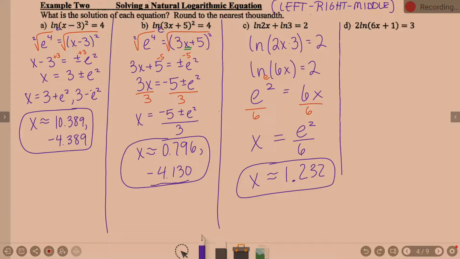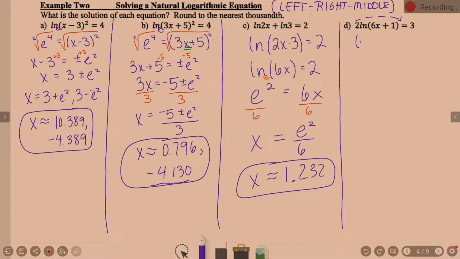Now, D, I don't really plan to go all the way through because it's going to be a lot like our first two problems. However, I do want to do one step in it. What would be the first step? Before I can do left, right, middle, what would have to happen? 6x plus 1 squared. Okay, so in other words, this 2 would have to go to the power.